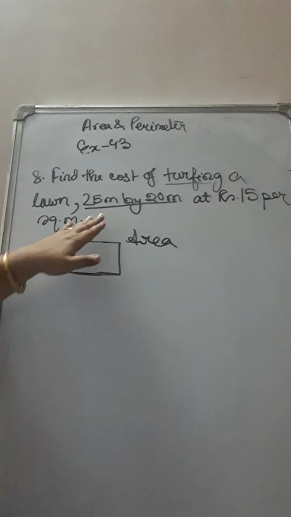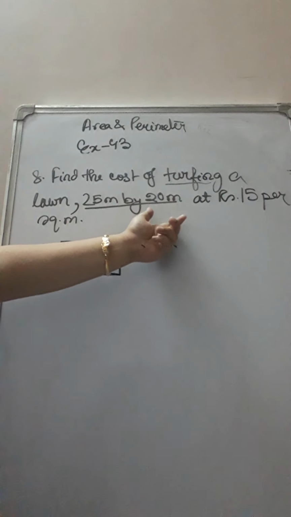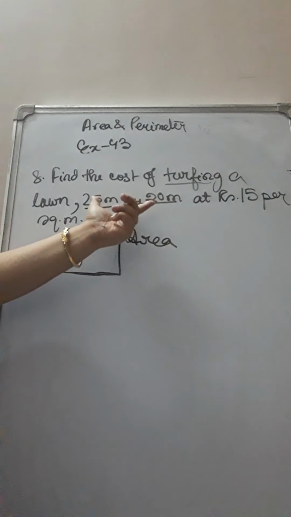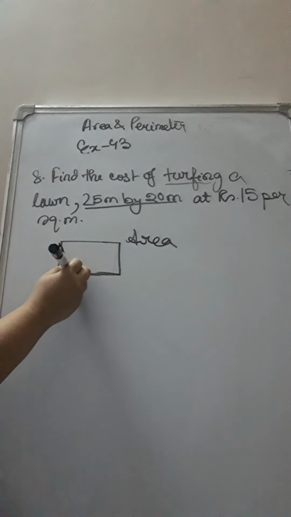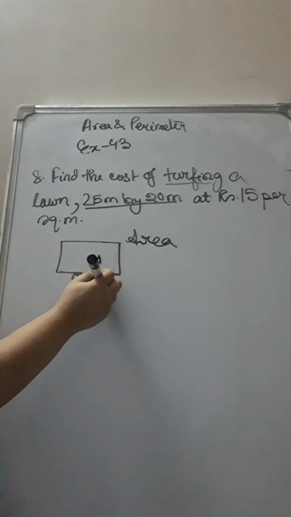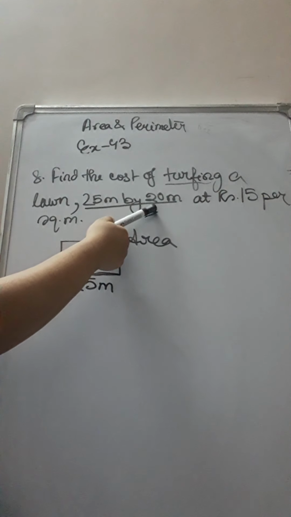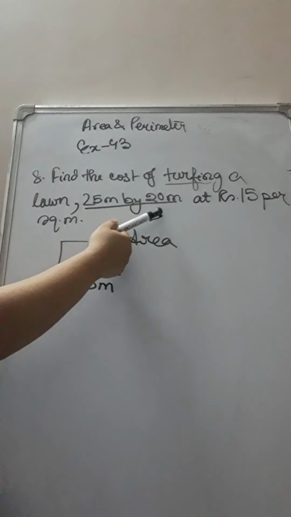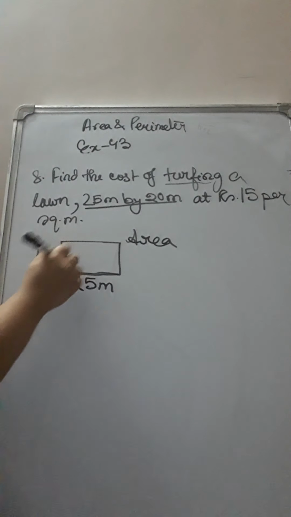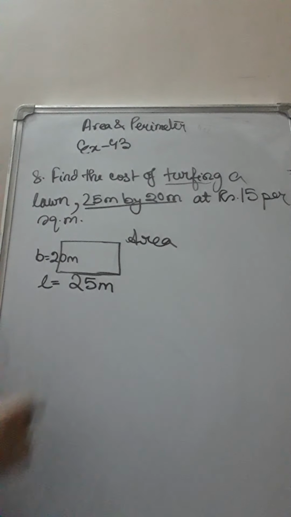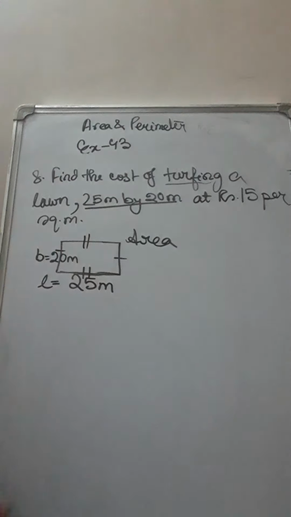But always understand, if the measurement is given like this, 25 meter by 20 meter, it means it's a rectangle, with the greatest measurement showing the length and the measurement which is lesser than that is the breadth. So the breadth of the lawn is 20 meters and the length of the lawn is 25 meters.